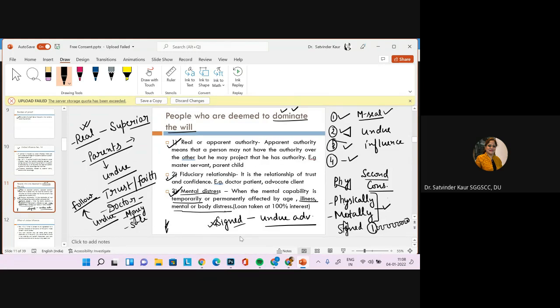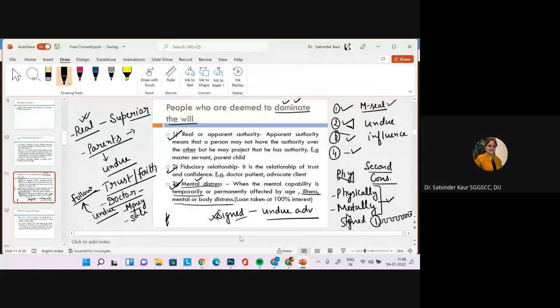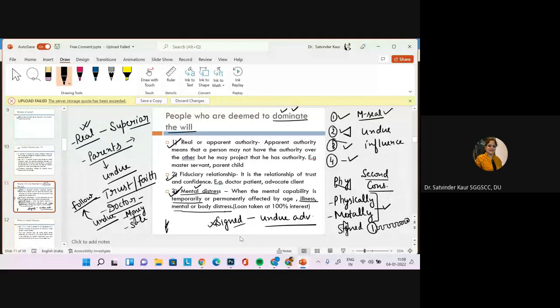So where there is such a situation, the person who is taking care, the family member or any relative, is in a position to dominate the will of the other. The other person is on bed, and because of age, illness, mental or body distress, is in a position to go by what others say because the person is not on his own.